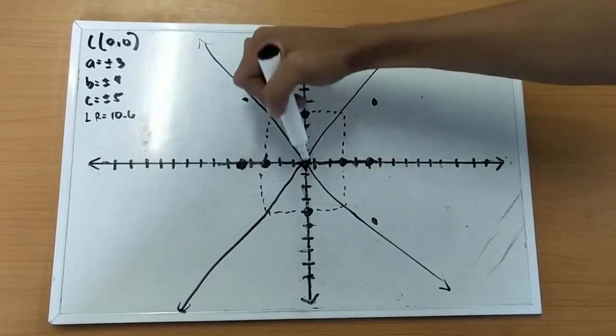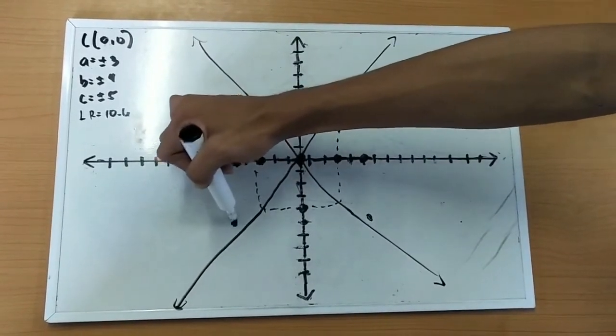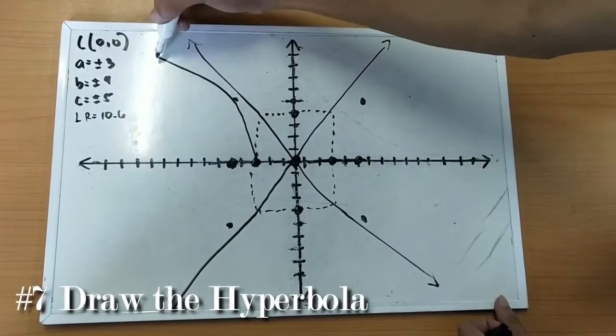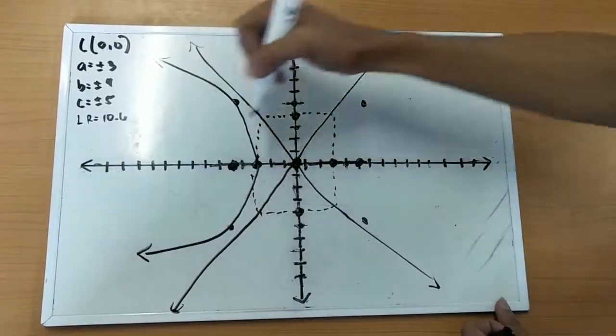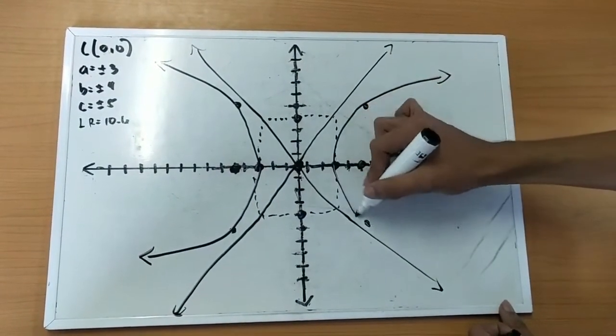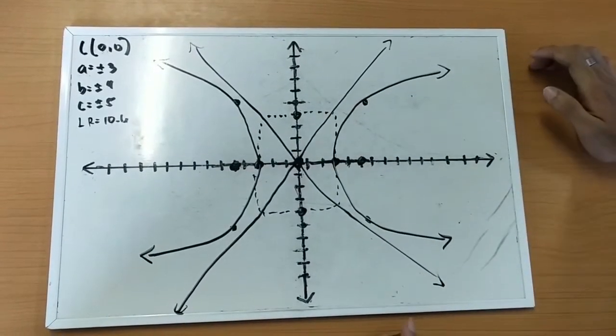Then draw it. That's how we're going to graph a hyperbola.